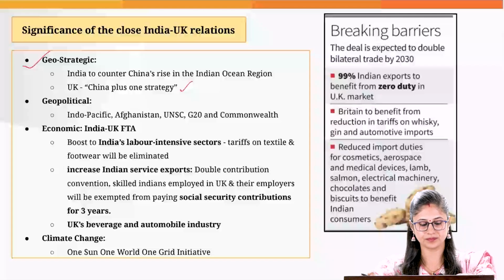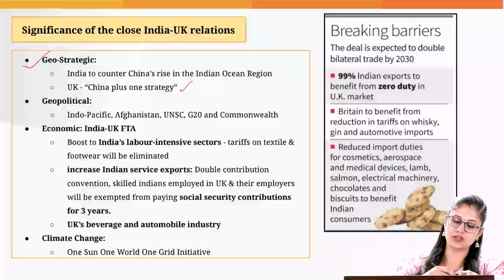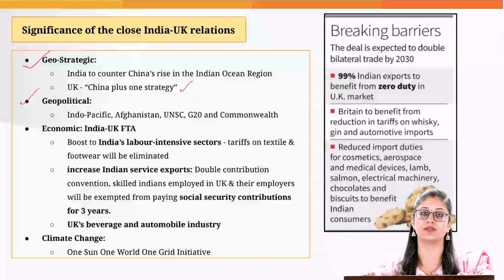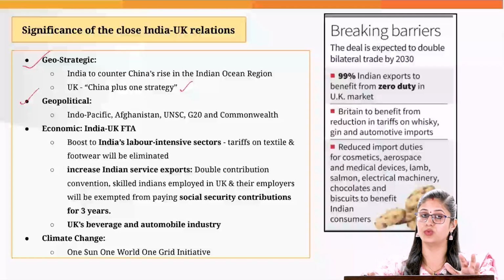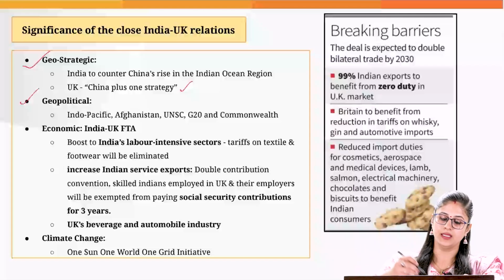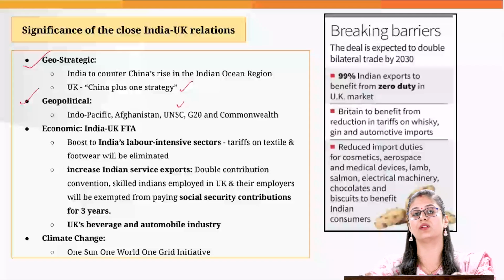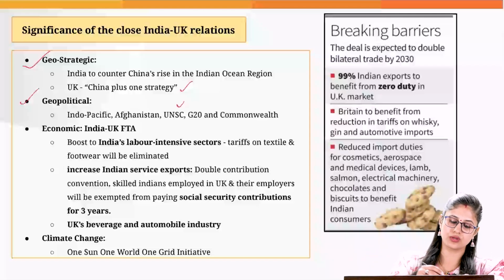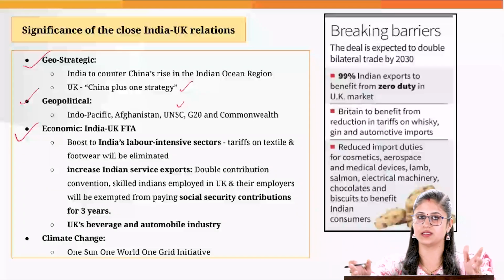Then the relation is also significant from a geopolitical point of view. If the two countries collaborate, they can put in place a rule-based order in the Indo-Pacific. They can help in restoring democracy in Afghanistan. They can improve the functioning of the UN Security Council, etc. Then it is also relevant from the economic front, as the two countries have already finalized the free trade agreement.